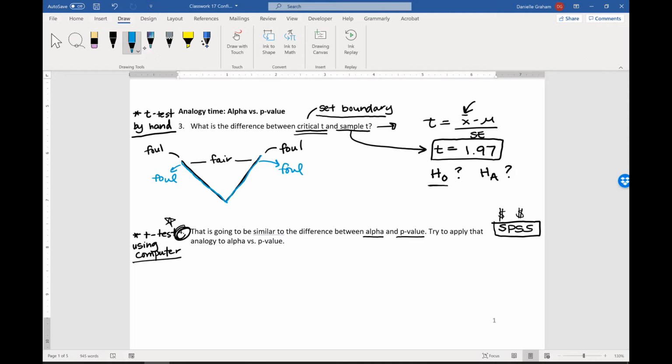The critical T works the same way. The critical T is set ahead of time, just like the foul lines are set ahead of time and they don't move. The thing that changes, that we then make some sort of decision based on, is, for example, in baseball, where's the ball? Is the ball in or is the ball out?